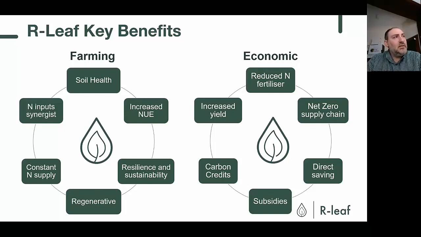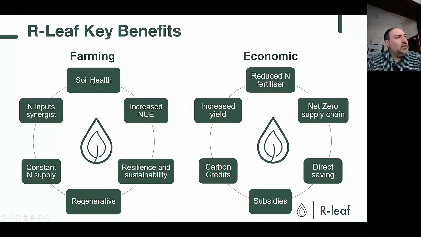The carbon credits and obviously the increased yield, we have seen where if you get the balance right of the reduction of nitrogen, RLEAF has the ability to increase yield. We have seen that in previous years where farmers were not so keen to reduce the amount of nitrogen that they use, and still, because of using RLEAF, we had an increase in yield. So that was the benefit, and it can still be.